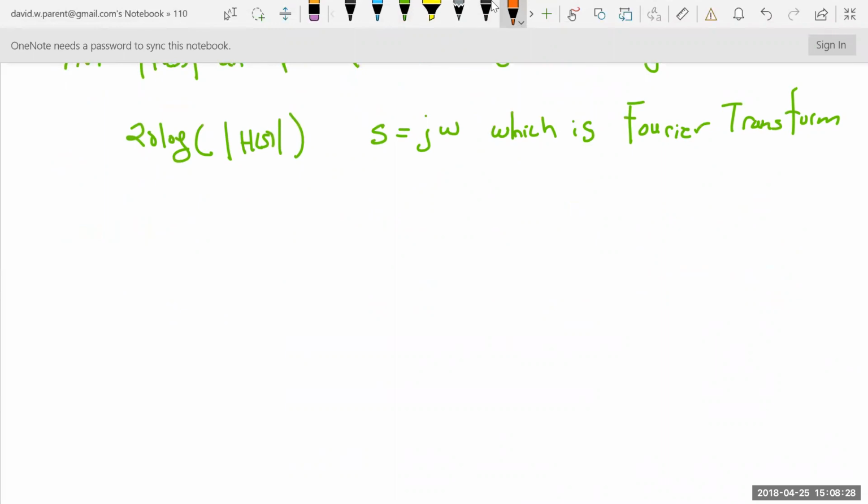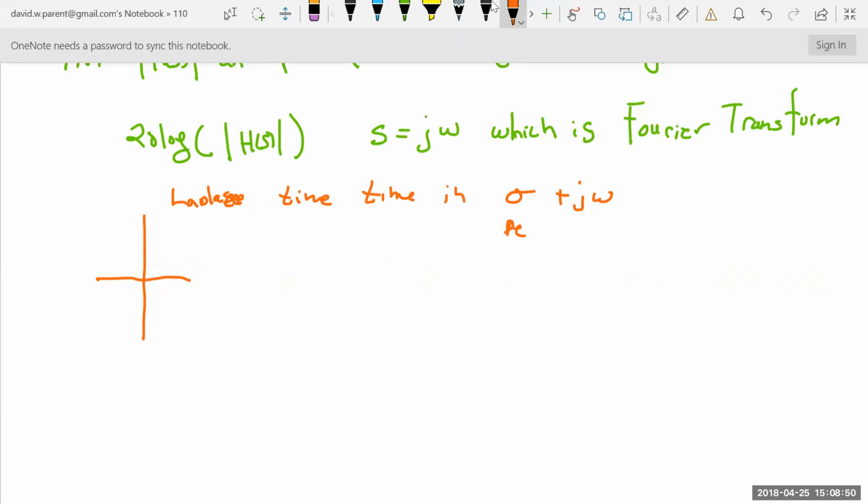But the Laplace changed time into frequency with a real and an imaginary part.